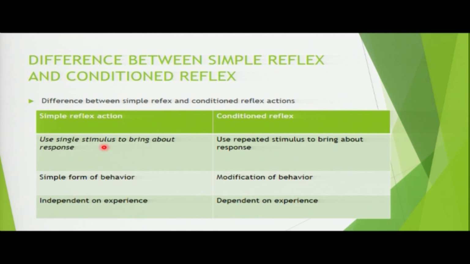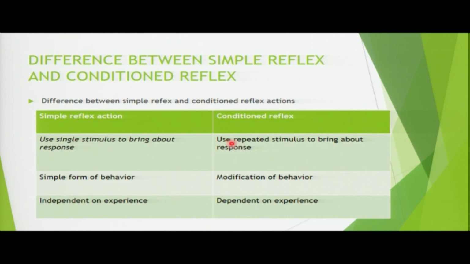That hot object is the stimulus, is one, only one. But for conditioned reflex, we can have repeated what? Stimulus to bring about a response. Let's take an example. Ringing this bell is a stimulus. Having the food also can be the stimulus. So it is just one difference. Simple reflex uses a single stimulus. Here it can use what?